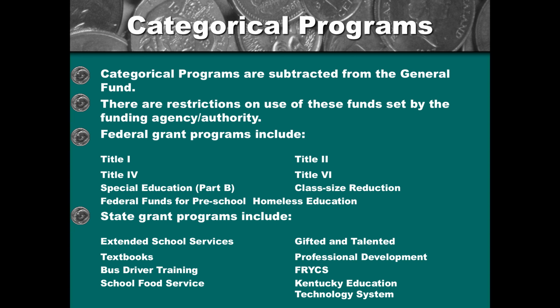So these funds are all also subtracted out of the general fund before anything gets to the school level as you build the budget. Many of these are also run through Fund 2, which is typically grants.